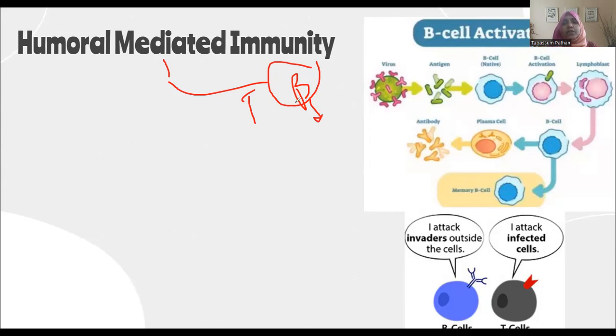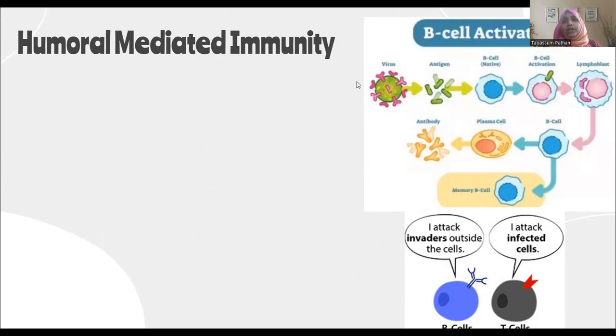The B cell will be responsible for getting rid of the antigen or foreign microorganism. And when T cells are involved in the immune response, then we will call it cell mediated immunity, which we will discuss in a short while.